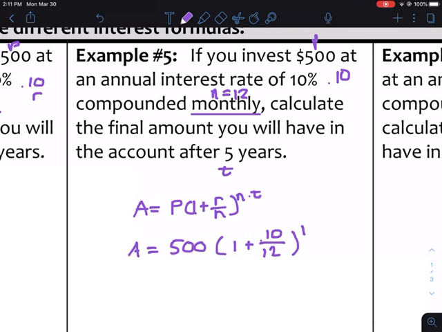The N, 12, times T, 5. Okay. Everything on the right side of the equation is a number, so we can just put it in our calculator. Use the parentheses, and you end up with $822.65.